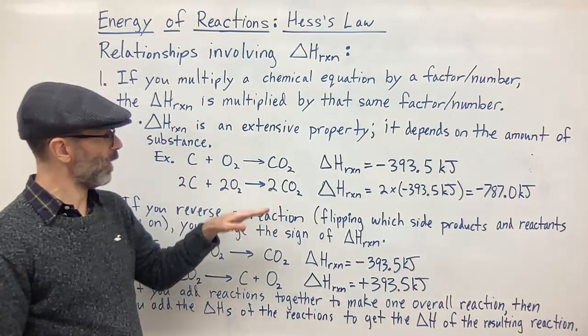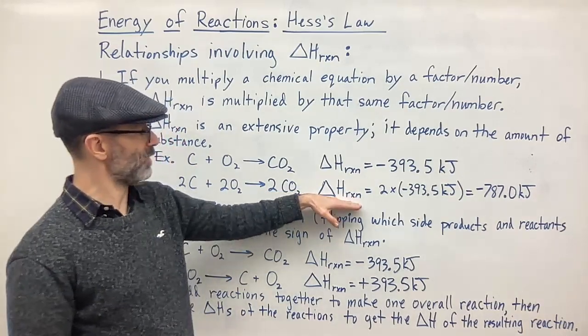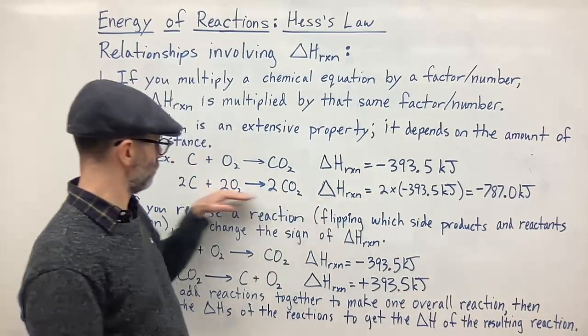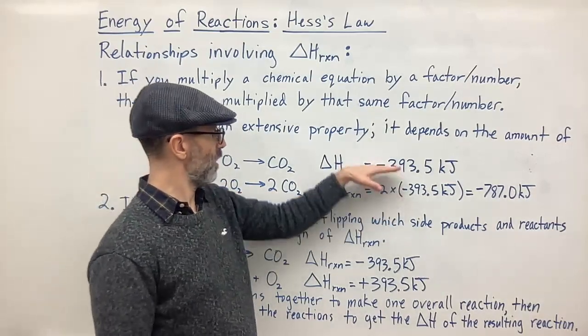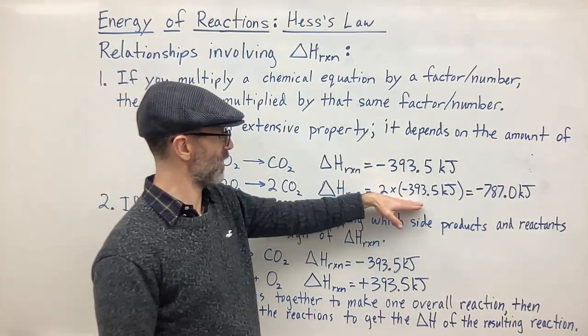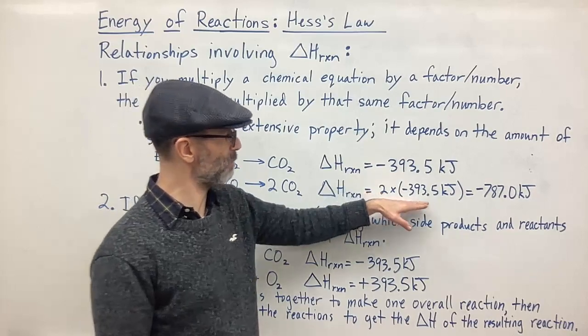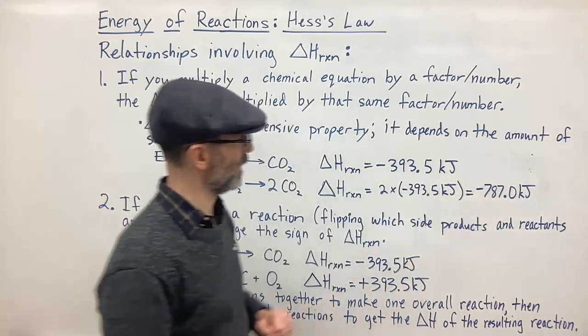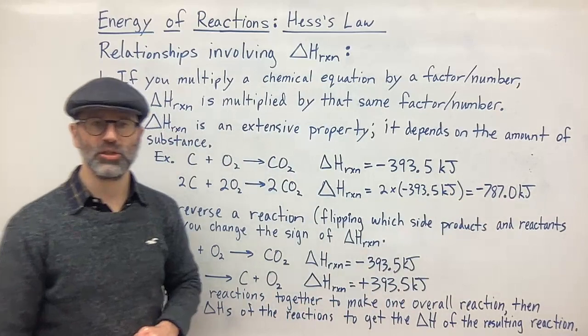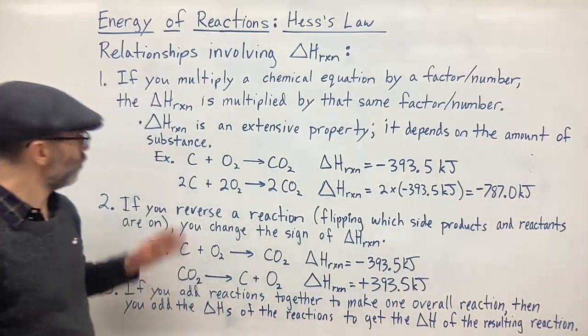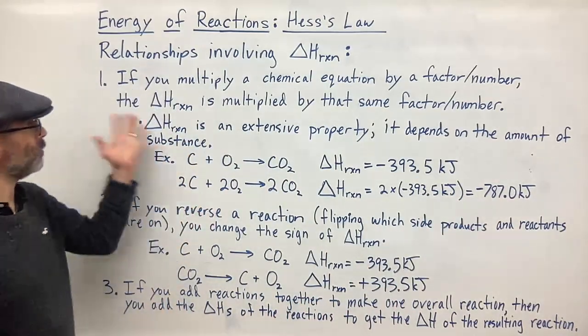So in that same way, we double the heat of the reaction. So now the heat of this reaction is double the previous one. So 2 times negative 393.5 becomes negative 787.0 kilojoules. Okay, so that is an example of the first relationship.